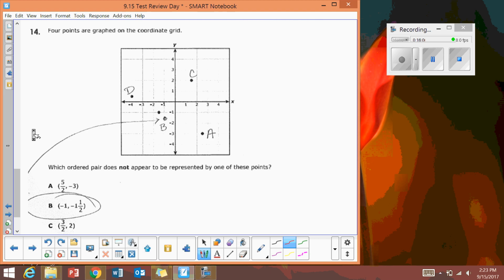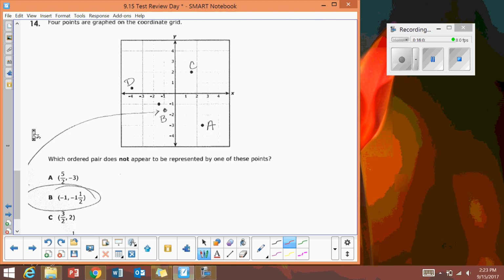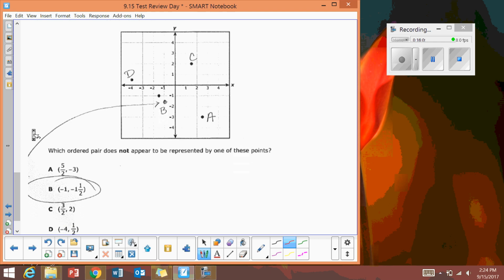For number 4, 4 points are graphed on the coordinate grid. Which ordered pair does not appear to be representative of these? Okay, so if we look here, A is 5/2 and negative 3. So 5/2 is the same as 2.5 and then negative 3.